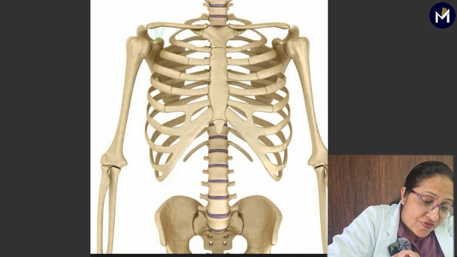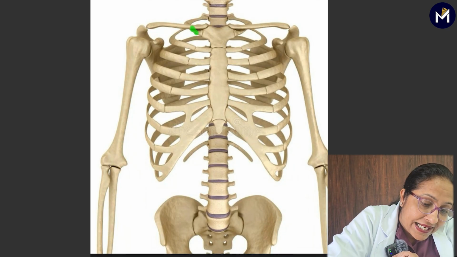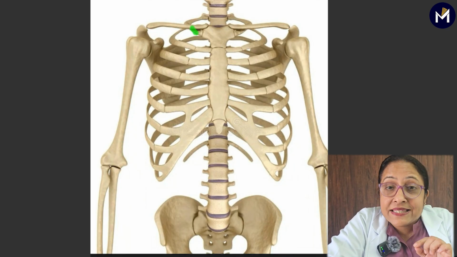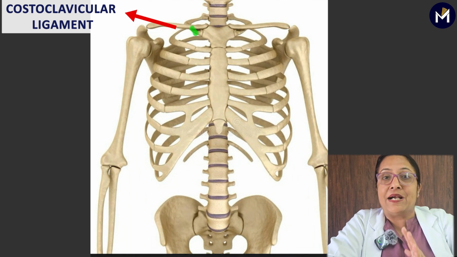And between the clavicle and the first costal cartilage, there is one more ligament over here. This is called the costoclavicular ligament. So, before we start describing the clavicle, these are the parts which you have to keep in mind. Now, let us pick up the clavicle.